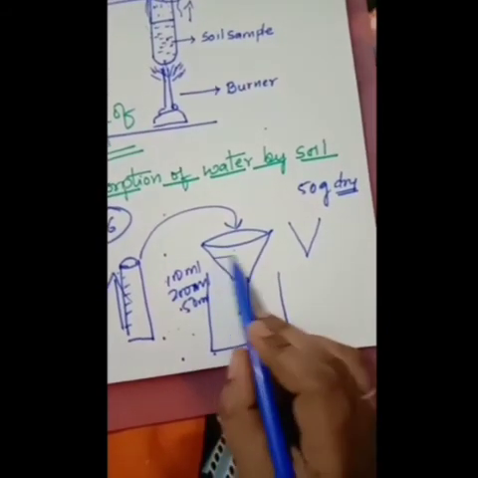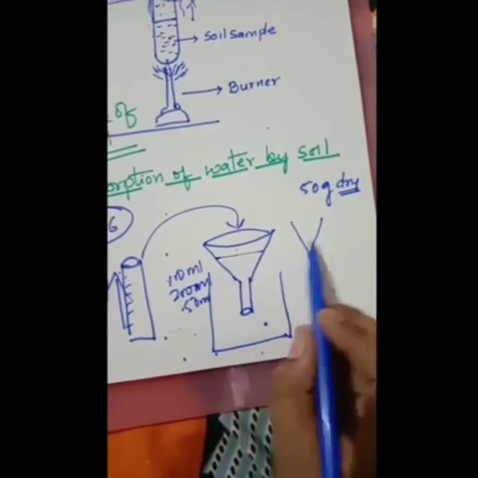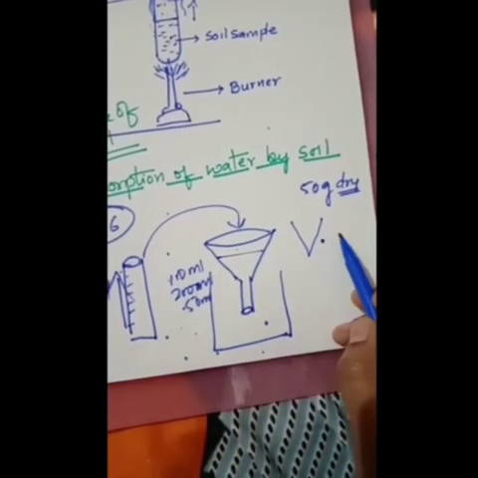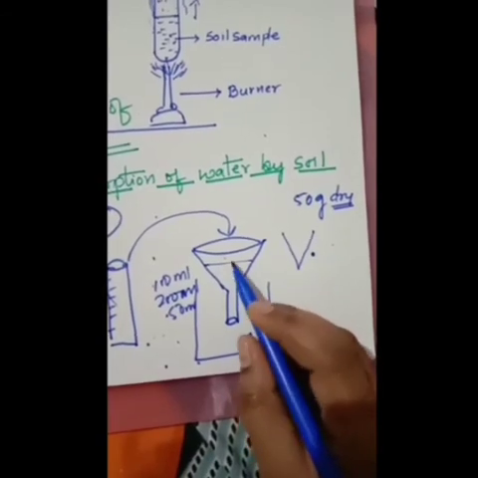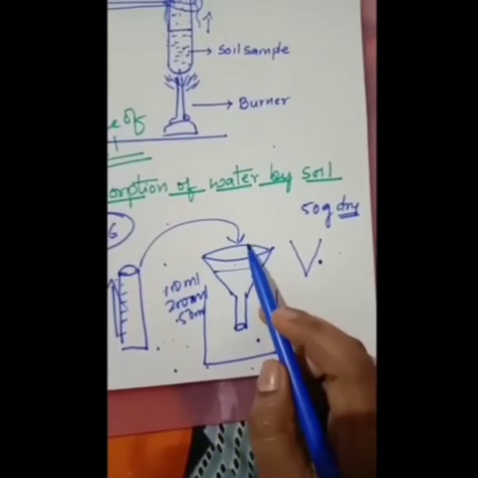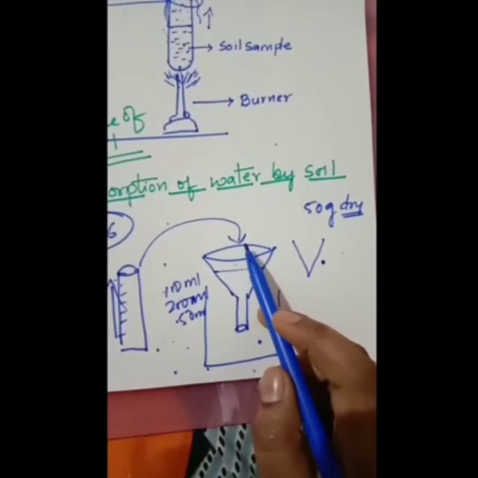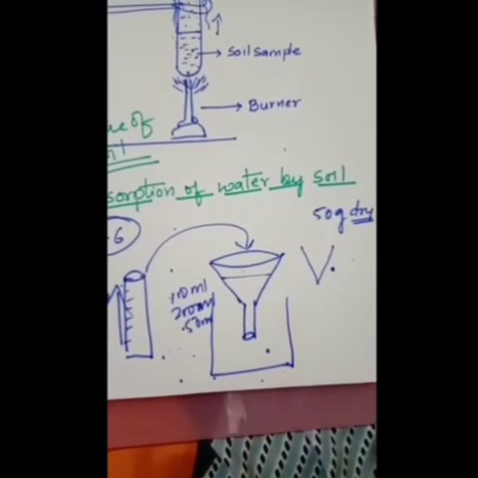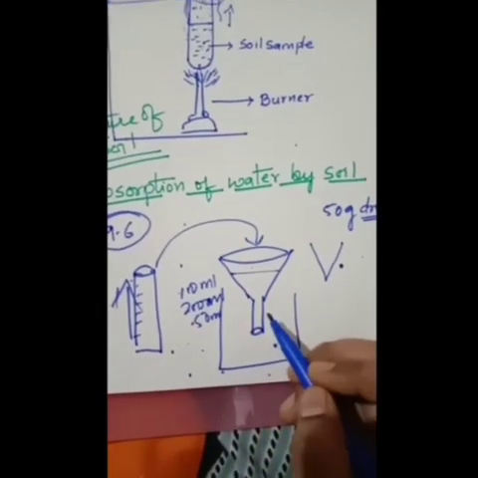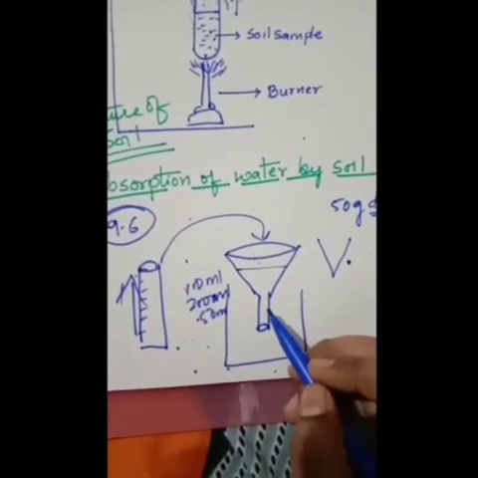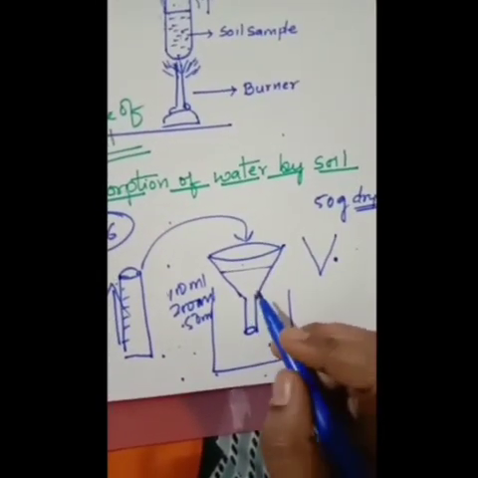This has to be covered with the newspaper sheet or a filter paper. So you have soil within the funnel. You are pouring water drop by drop, you should not flush it or forcefully put the water. Drop by drop you need to put the water, or else you can use a dropper also.